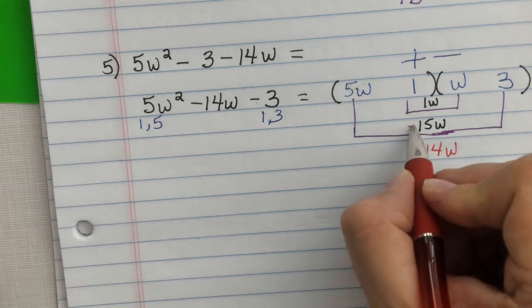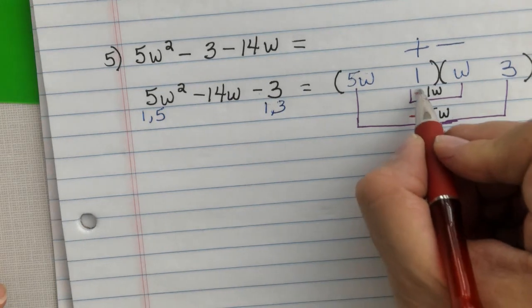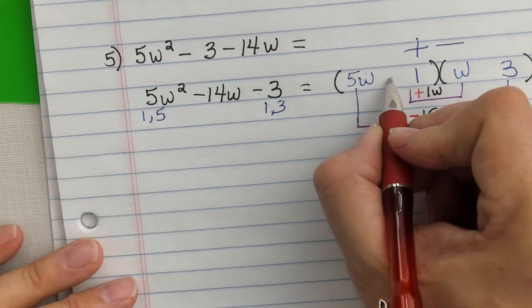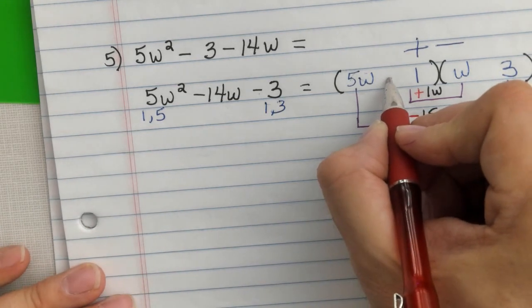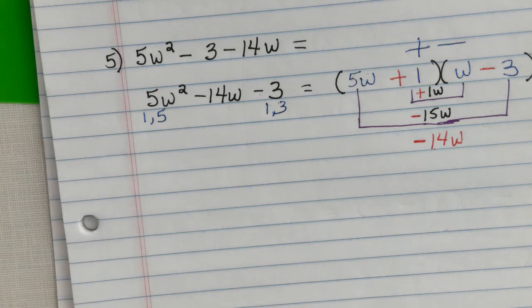The big one. I think the 15 should be negative, the 1 positive, which means in this first set of parentheses, what am I putting? A plus and a minus. Yeah. w plus 1.